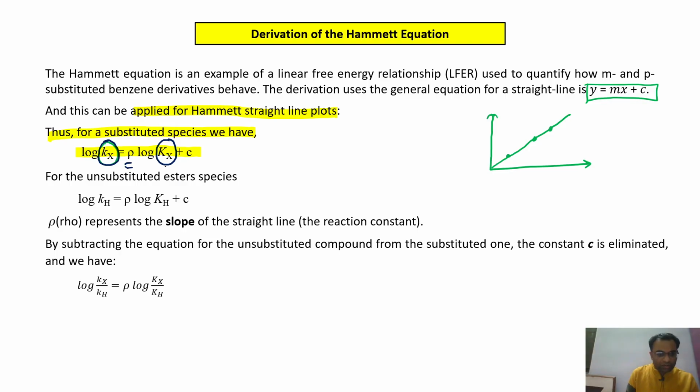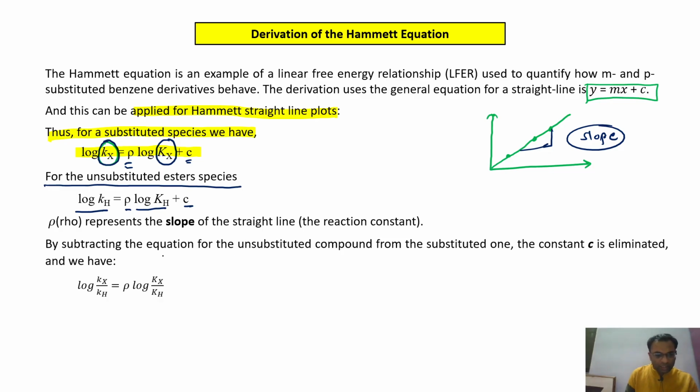Rho is a reaction constant and c is a constant. Now rho is a reaction constant, which is nothing but the slope of the straight line. Similarly, we have a straight line relationship for the unsubstituted ester species, which can be given as log small kh is equal to rho into log Kh plus c.